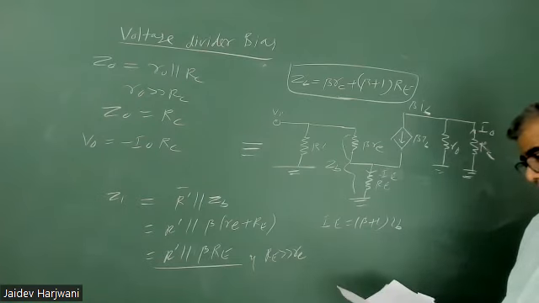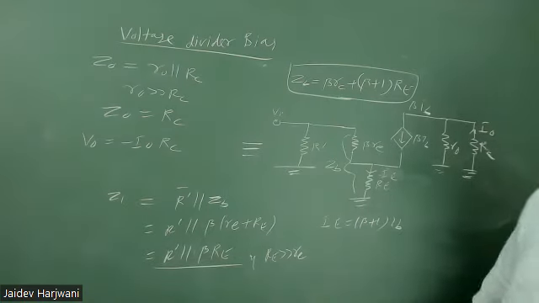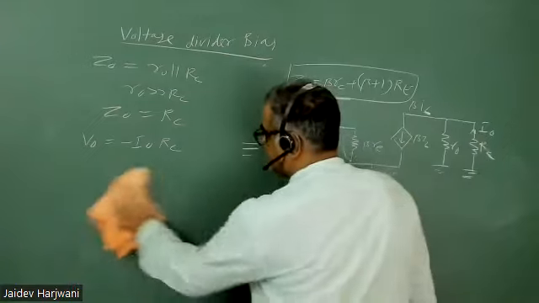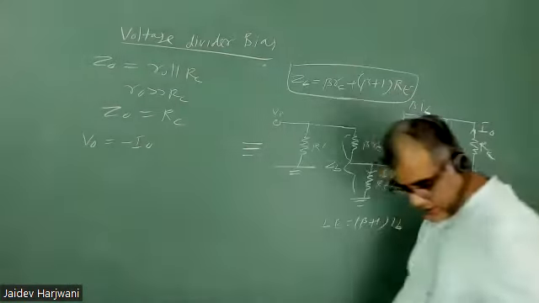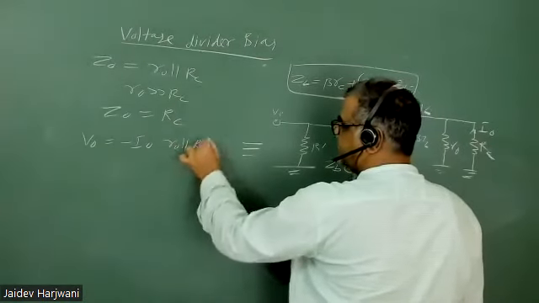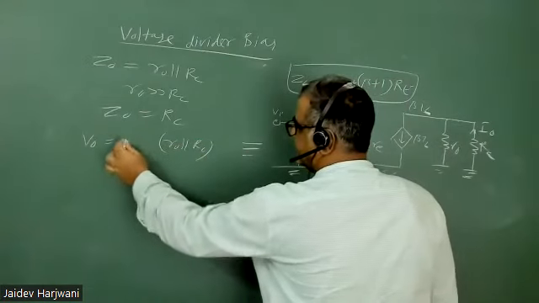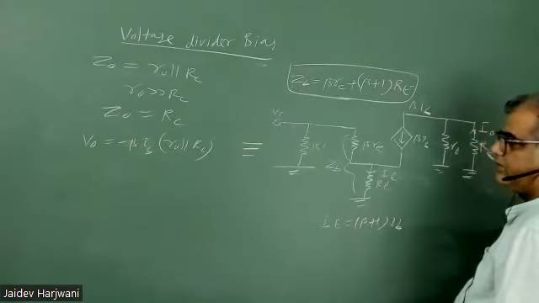So your AV should be I0 RC. So beta IB into R0 upon R0 plus RC. So I0 I can write same like what you wrote, R0 parallel to RC, and beta IB. Am I correct? Okay. Yes. Yes, sir.